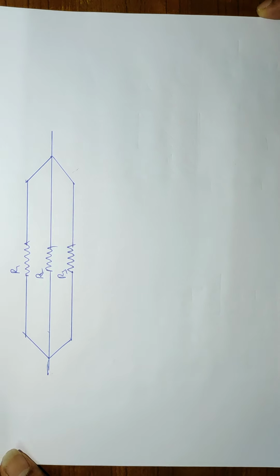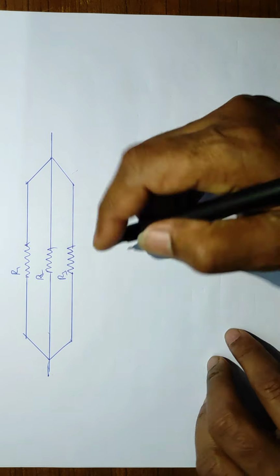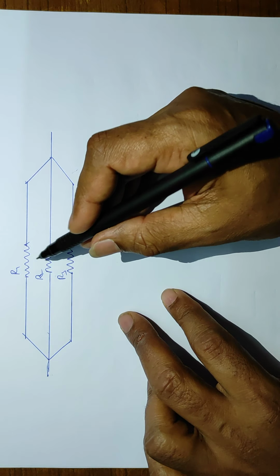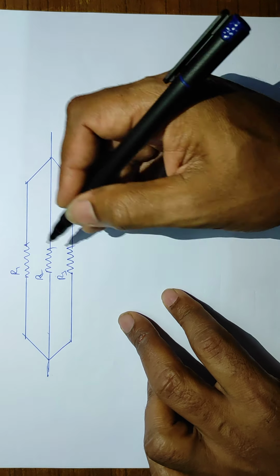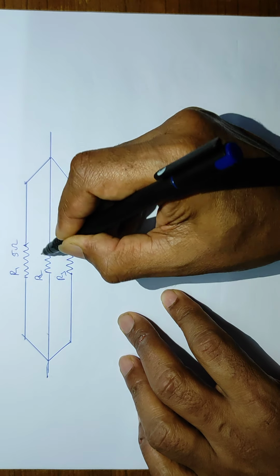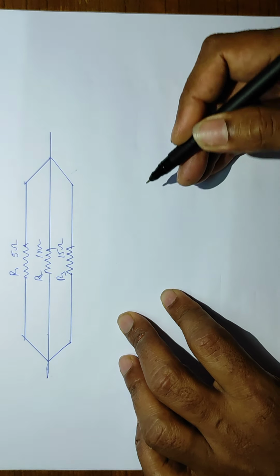Dear students, let us calculate the equivalent resistance of the parallel combination of three resistors of different values. For example, R1 is 5 ohm, R2 is 10 ohm and R3 is 15 ohm.